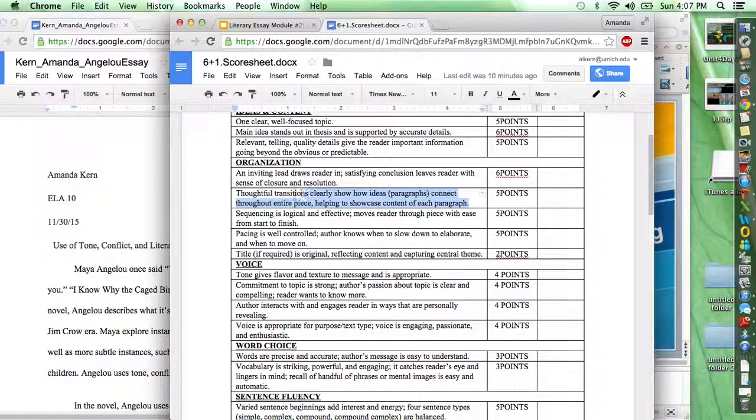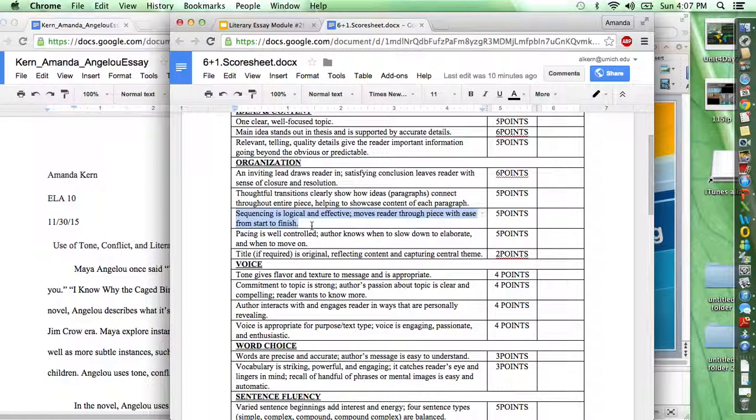You want to make sure that the essay that you're reading has good transitions, that the pacing of the essay isn't too slow. Make sure that the person doesn't go into detail about things that they don't need to go into detail about, and that they also go into lots of detail with things that they need to go into lots of detail about.